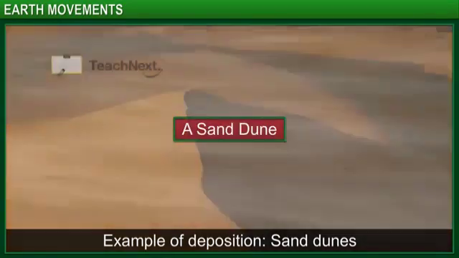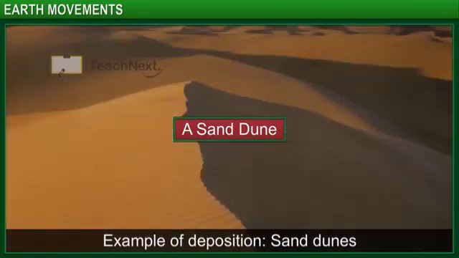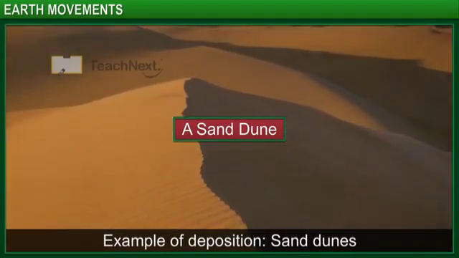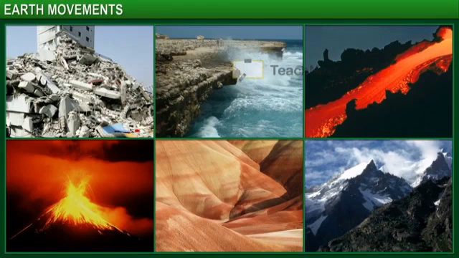A sand dune is formed when wind blows sand away from one place and deposits its load in another place. You will learn more about the results of various endogenic and exogenic forces and movements in the next modules.